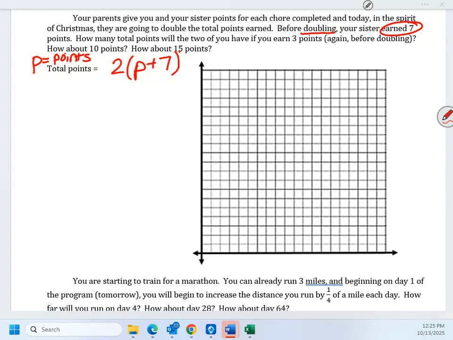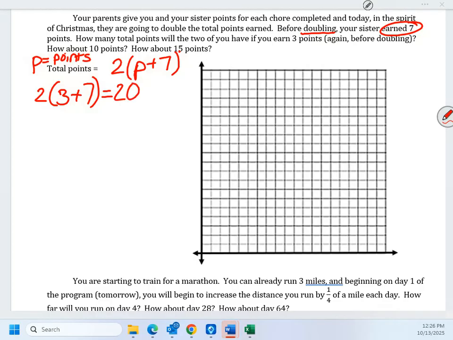Okay. So now we need to figure out how to graph it. So we're going to put in those different variable values. So, how many total points will the two of you have if you earn 3 points? So we have 2 times 3 plus 7 equals what? Cam? 20.